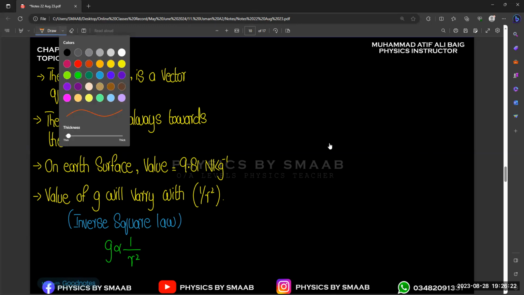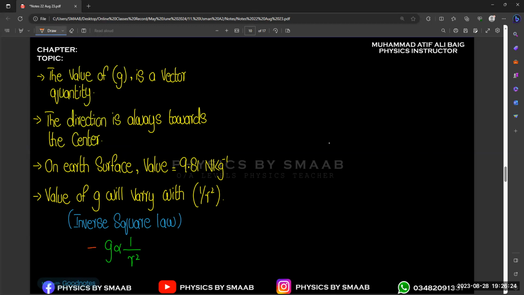So let's suppose if you want to increase the value of g, you need to decrease your value of r. This is the concept: if we decrease the value of r, your value of g will automatically increase, because both are inversely proportional to each other.